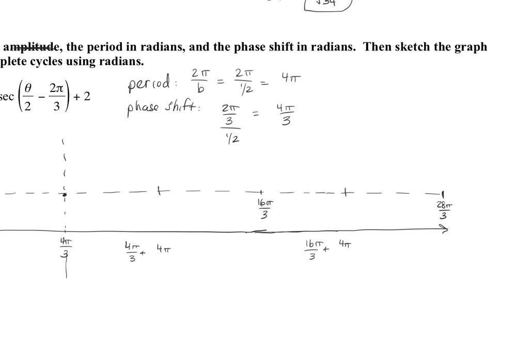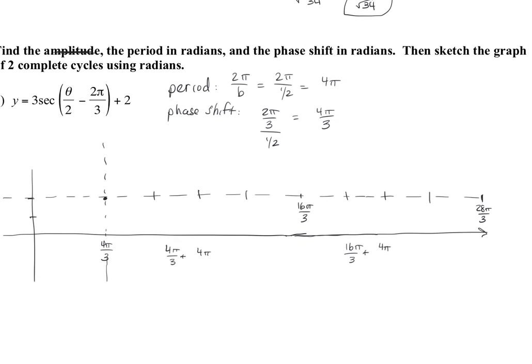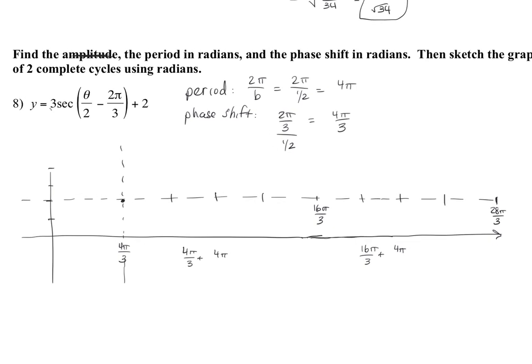So we cut both of those intervals in half and then cut each of those halves into quarters. And we're graphing secant, which is related to this cosine graph. So the cosine graph is going to start at the top of, if it were cosine, it would have an amplitude of 3.